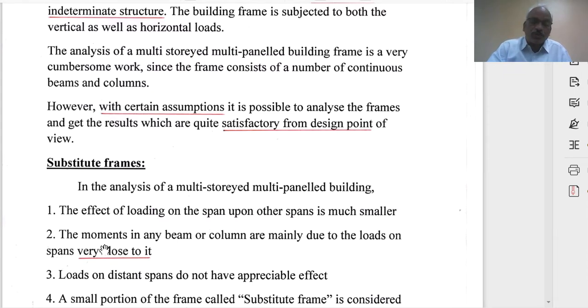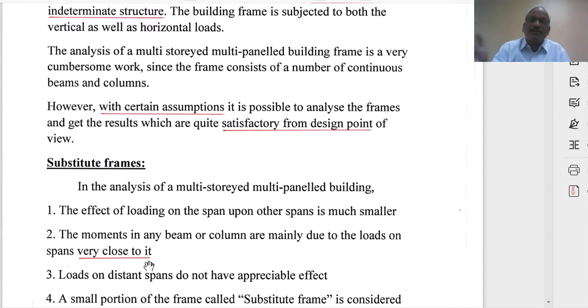Now, the moments in any beam or column are mainly due to the loads on the spans very close to it. If you analyze the panel number 5, the load on panel number 4 or panel number 3 will affect the bending moment on panel number 5, or panel number 6 and panel number 7. Panel number 8 will not cause any effect.